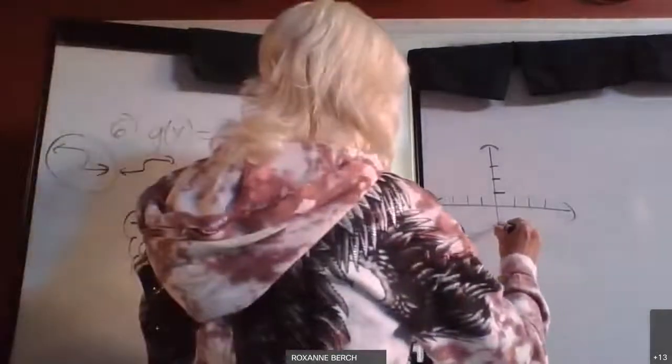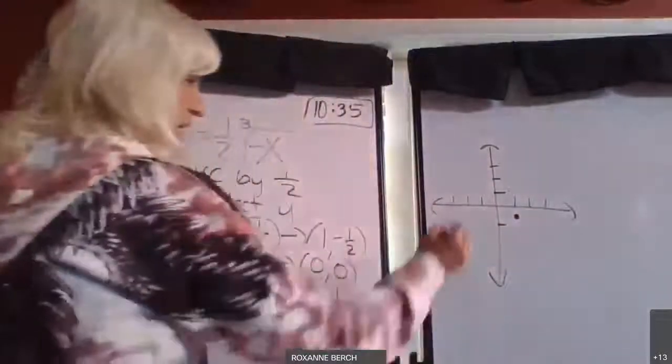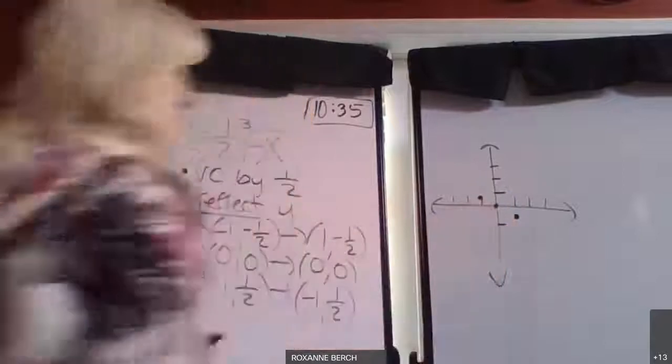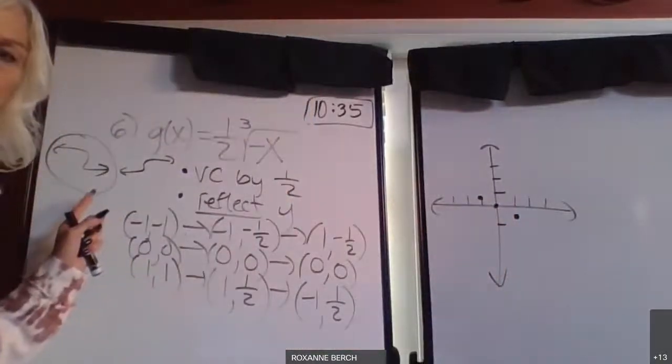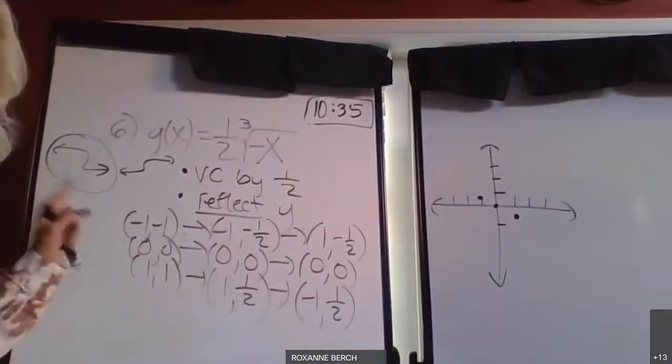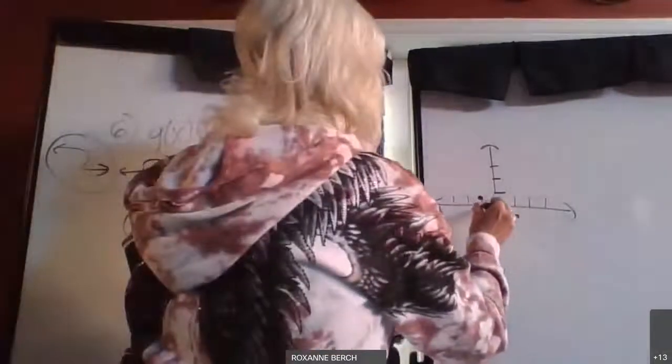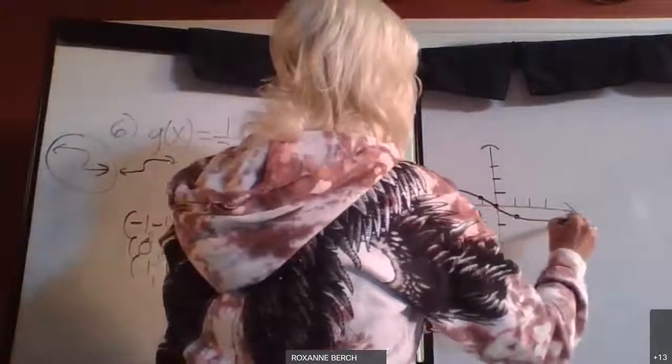So right 1, down 1/2, 0, 0, left 1, up 1/2, and now I drew this little picture to remind myself that it should look like this, right? So you have this going like that, and you have that going like that.